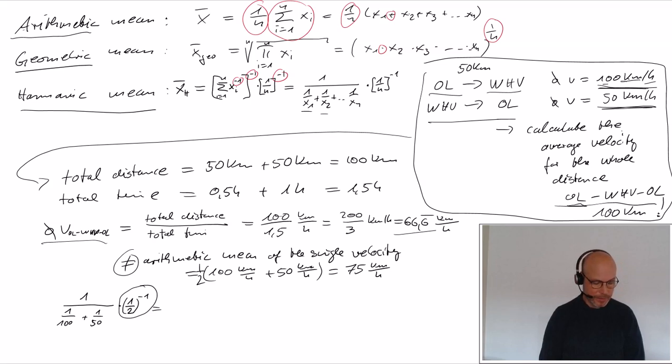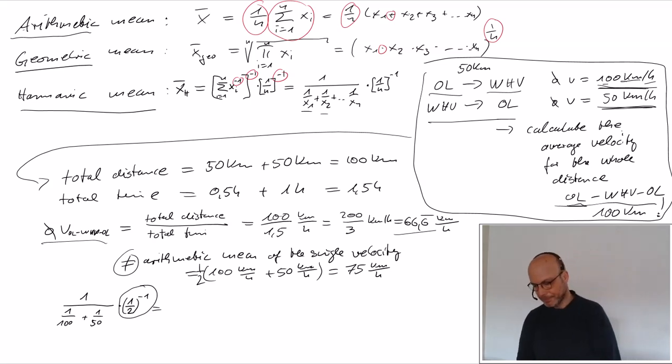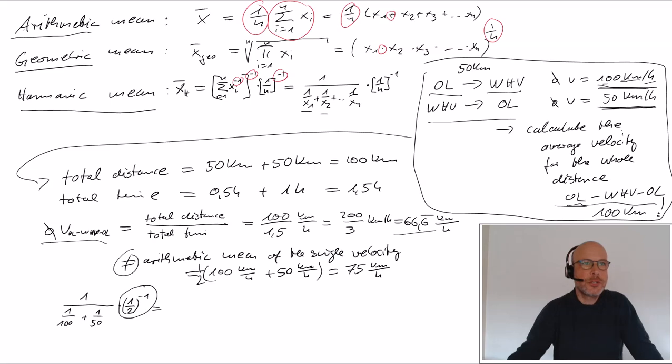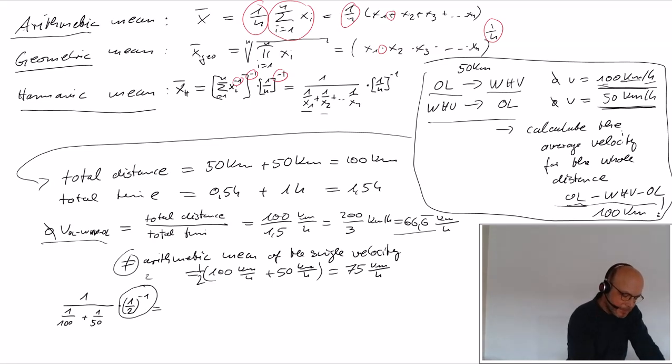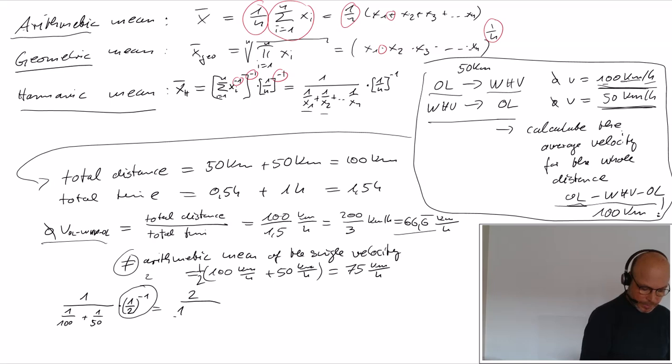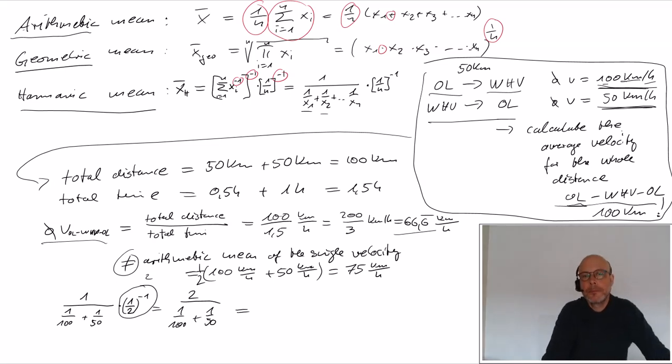Overall, everything of this is class 5 in school, or it should be. This is 2, of course. So we have 2 over 1 over 100 plus 1 over 50. How do we go further?